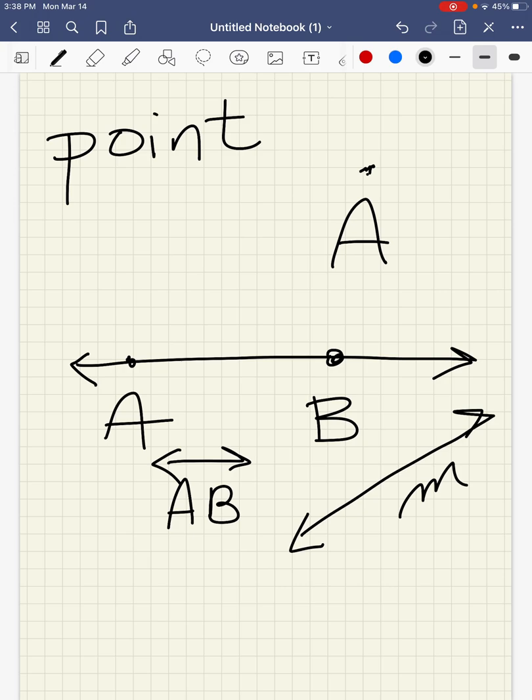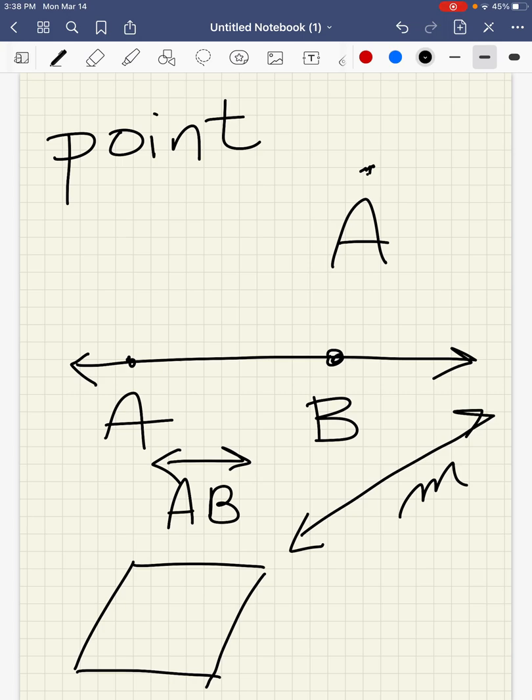The other term that doesn't have a specific definition is a plane. When we draw a representation for a plane, we typically make it into a parallelogram, which we'll go over the properties of much later in the course. You can think of a plane as a page in your textbook, a piece of paper, except that it goes to infinity in all 4 directions.